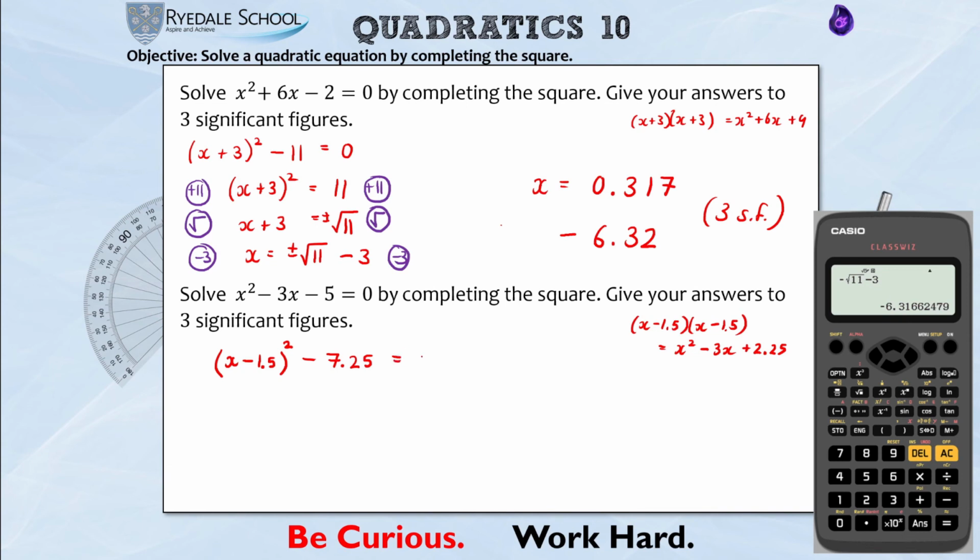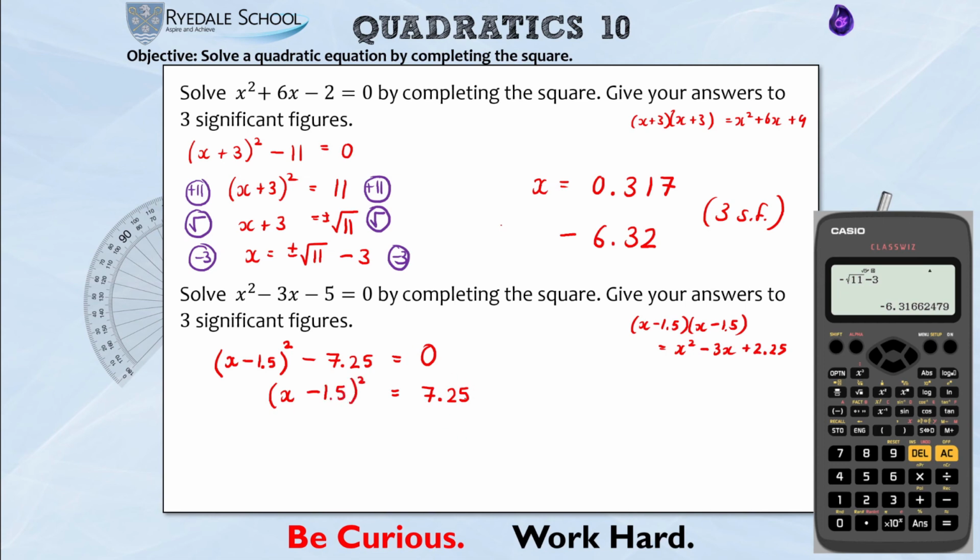And that equals 0. So I've completed the square. I am now ready to use my inverse operations. So we're going to start by adding 7.25. So we end up with x minus 1.5 squared equals 7.25.